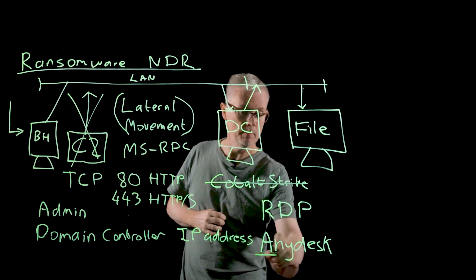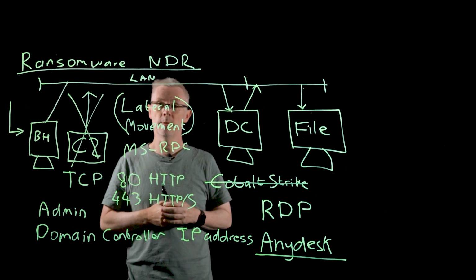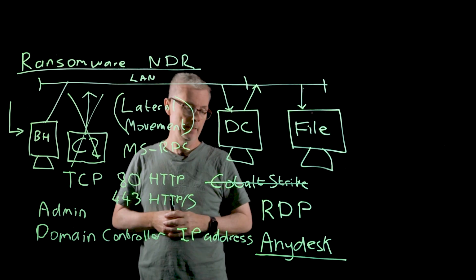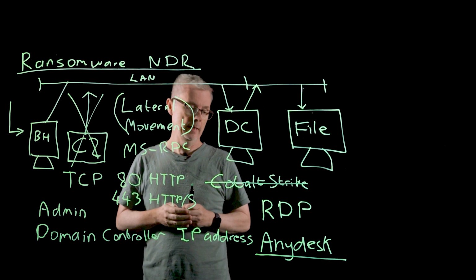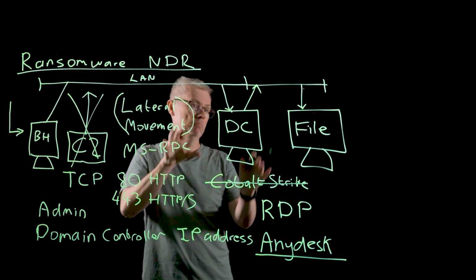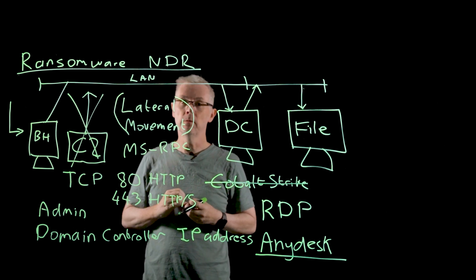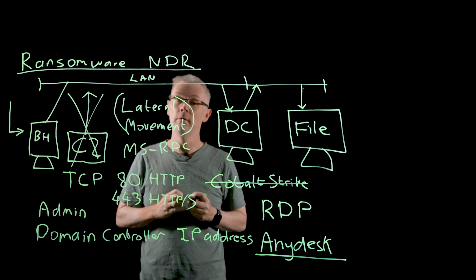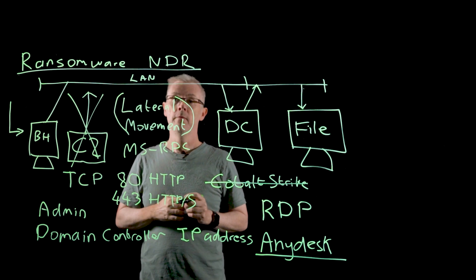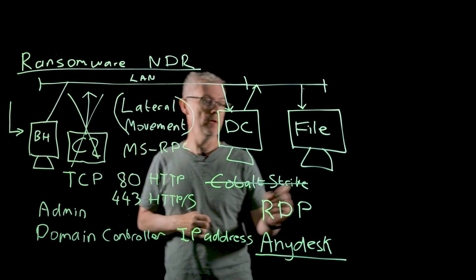And AnyDesk in particular has become very, very popular nowadays for these particular operations, used by Scattered Spider and a number of the other threat actors. At this point, they've got their hands on the computer itself. They can go through the files, choose what they want of interest, and then the next operation that they perform is exfiltration.